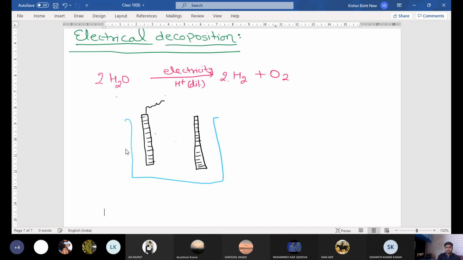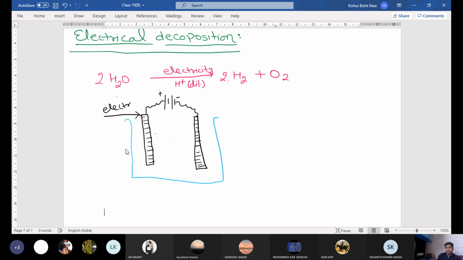Okay, and these graphite rods are connected to the battery, and the larger line signifies the positive part of the battery, and the small line signifies the negative part of the battery. When the positive part of the battery is connected with the graphite rod, it is called the electrode.